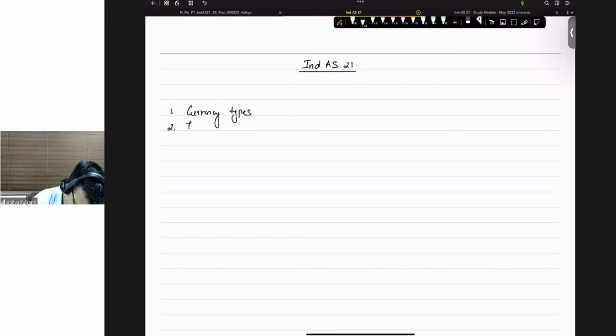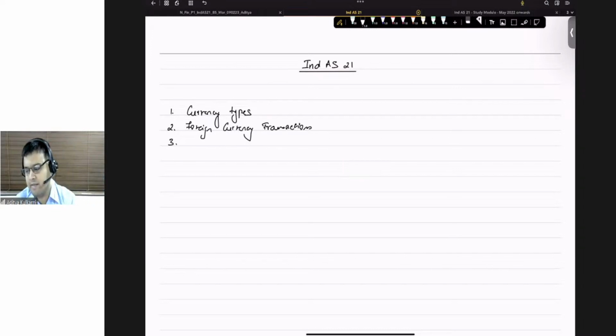The second one is foreign currency transactions. This is what you have discussed in AS11 as well. Even the principles are almost similar, so you won't have a problem in the second one.